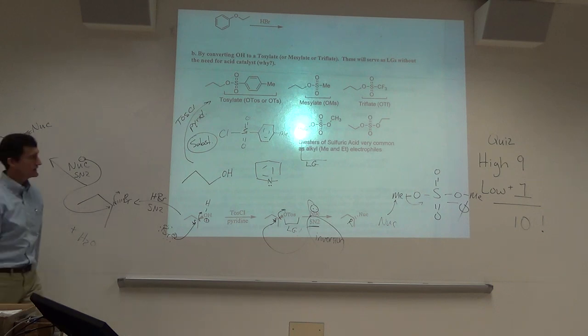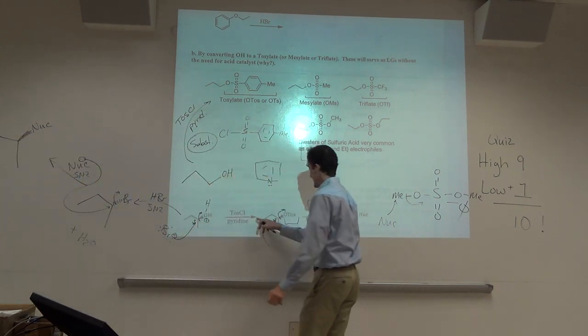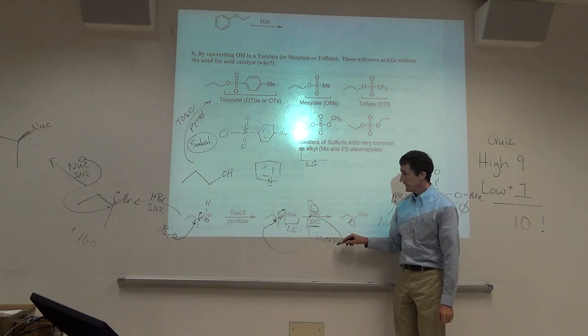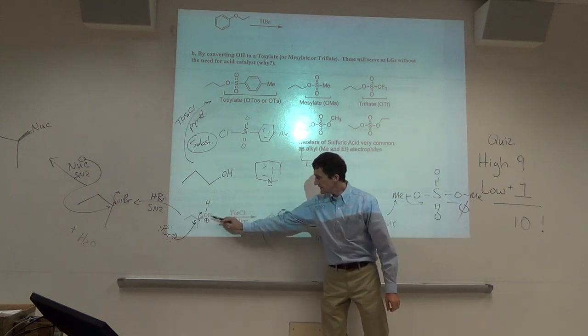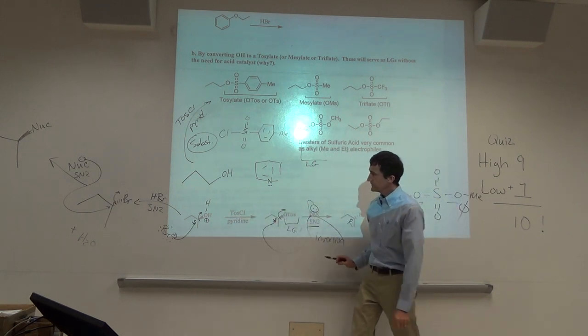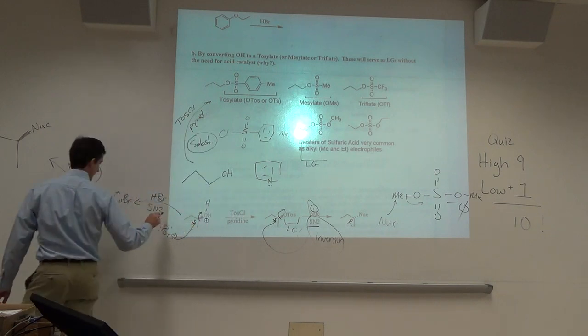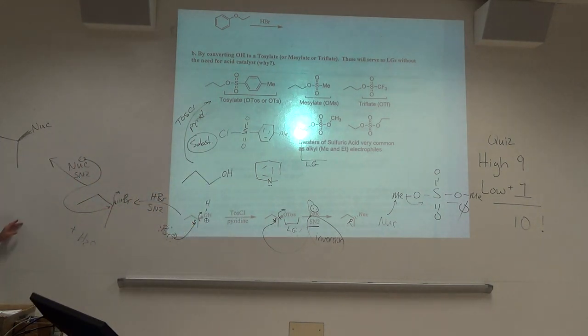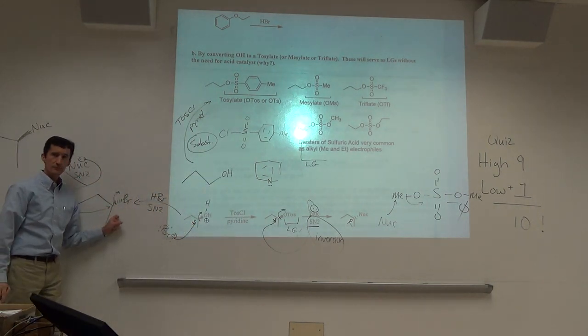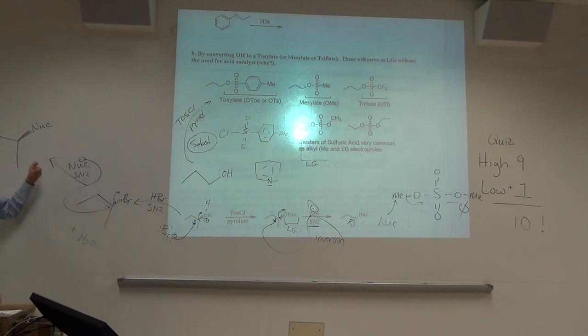And this product is different than this product because in this scenario we only had one inversion, because getting a better leaving group didn't involve inversion. But here in this scenario, how many inversions did we have? We inverted going to the bromine and then we inverted again when the nucleophile replaced the bromine. So this over here was 2 inversions.